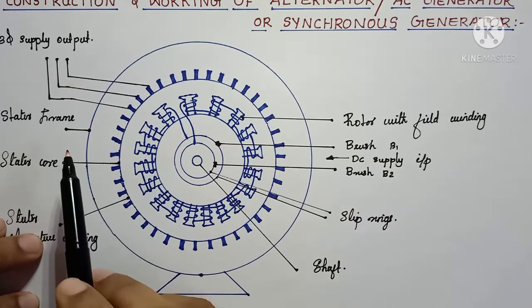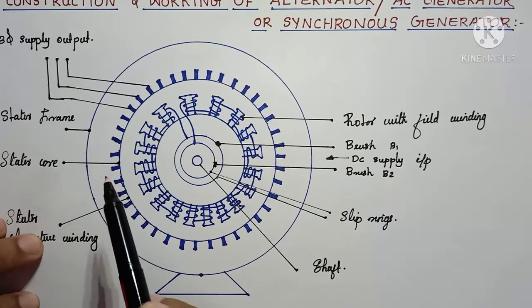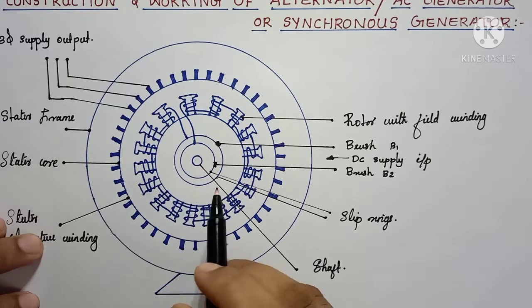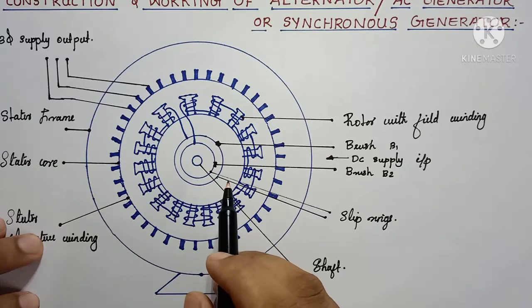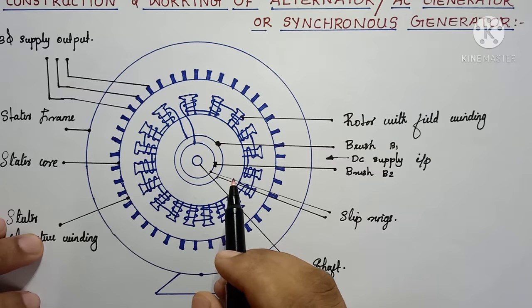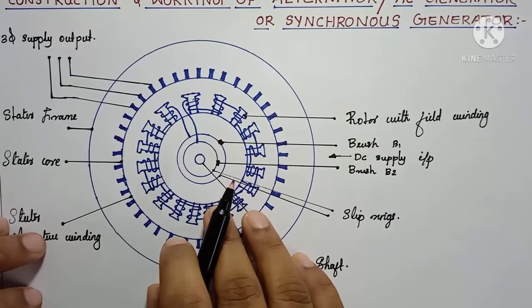The main function of the stator frame is to provide mechanical support for all the components required for the alternator. So it is made of very rigid material, normally cast iron or cast steel.